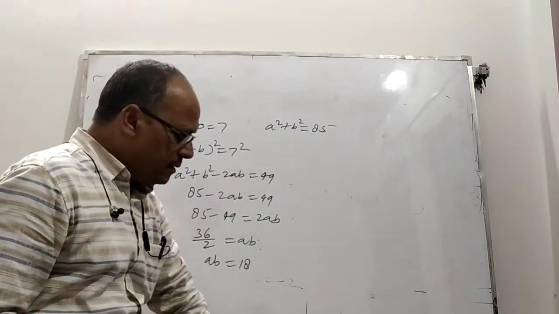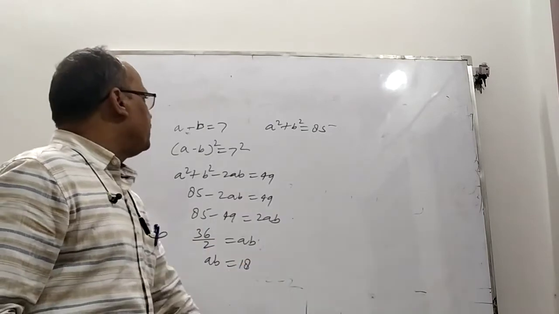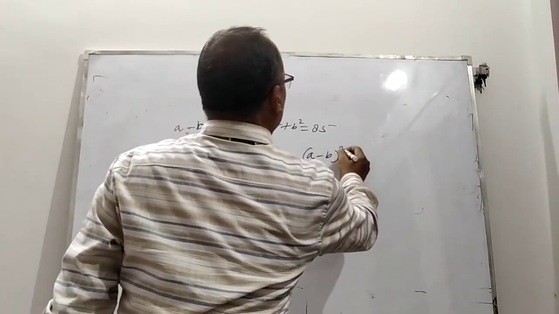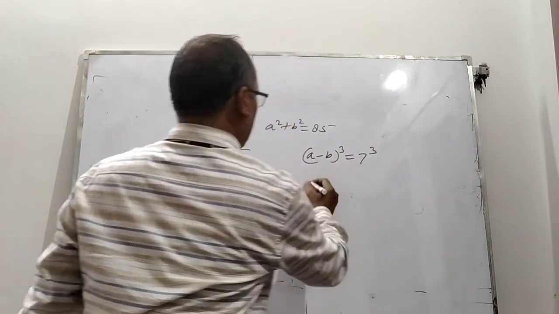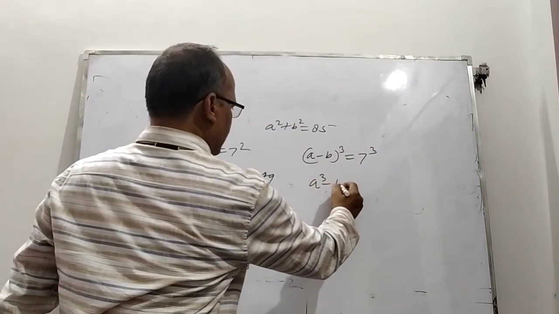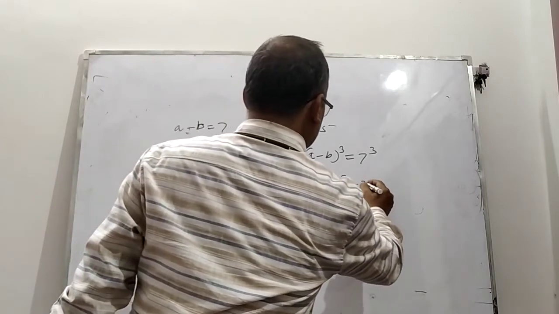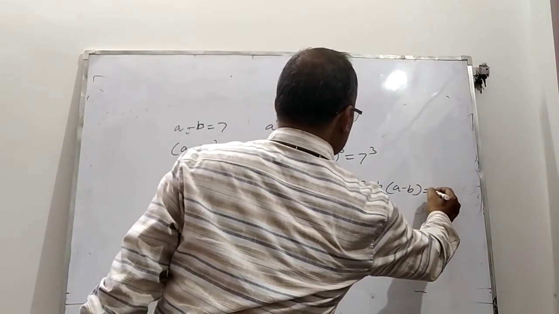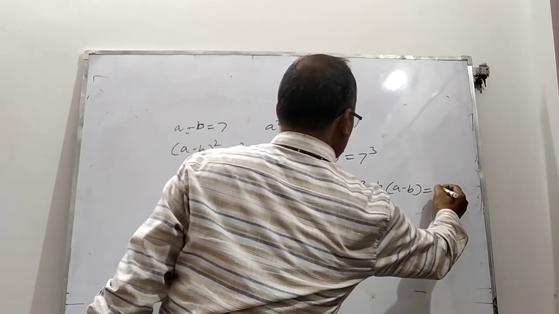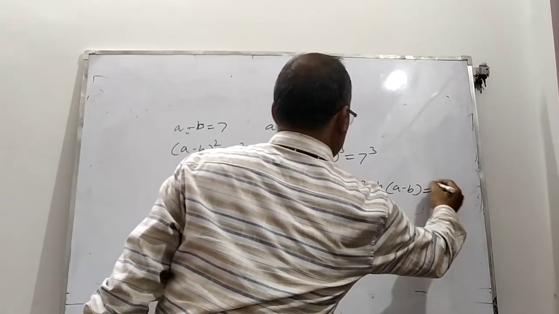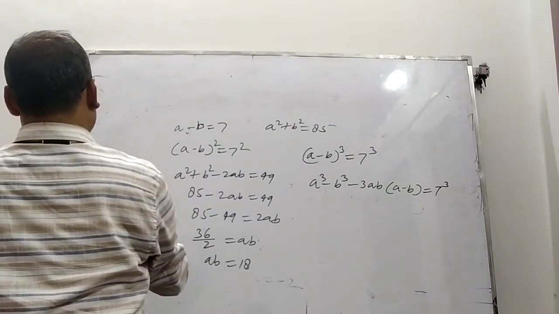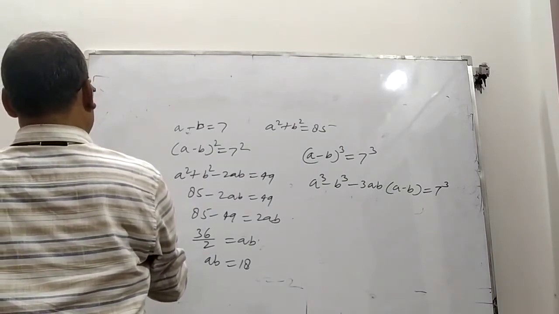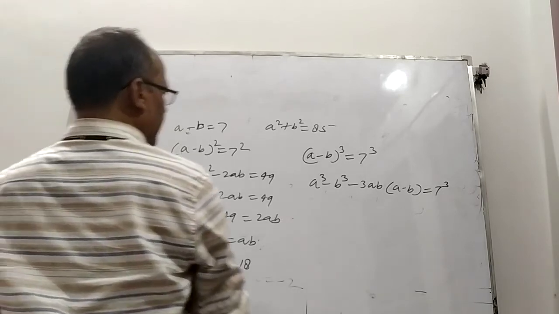It is asking to find the value of A cube minus B cube. You take the cube of this. A minus B whole cube equal to 7 cube. So A cube minus B cube minus 3AB into A minus B equal to 7 cube, which is 343.